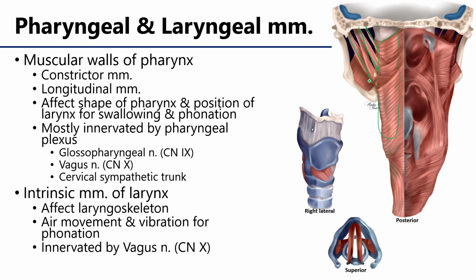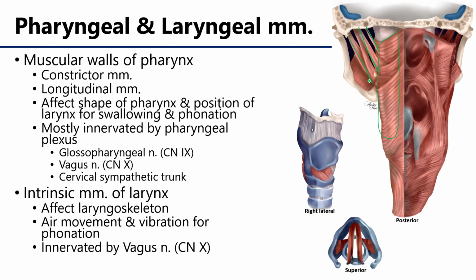So both these constrictor and longitudinal muscles act in concert with one another to change the shape and position of the pharynx, as well as position of the larynx during both swallowing and phonation, or making sounds for speech.